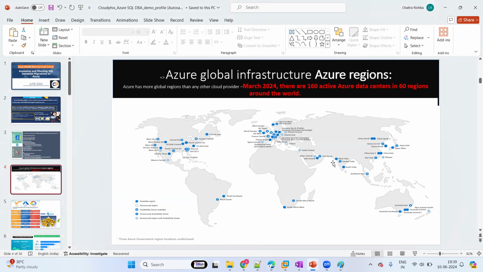In India we have three regions: West India, Central India, and South India. In South India, Chennai is a Microsoft data center, and an upcoming data center is coming in Hyderabad. Likewise, across the world there are 160 data centers and 60 regions maintaining the infrastructure currently.